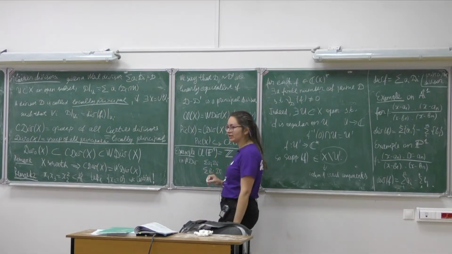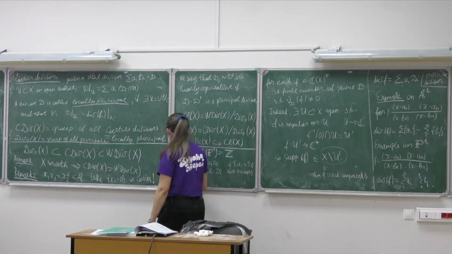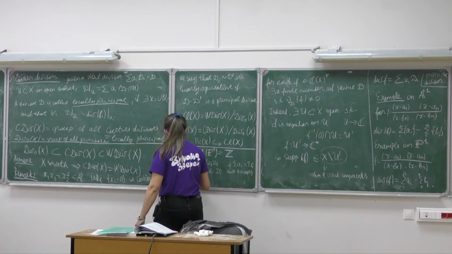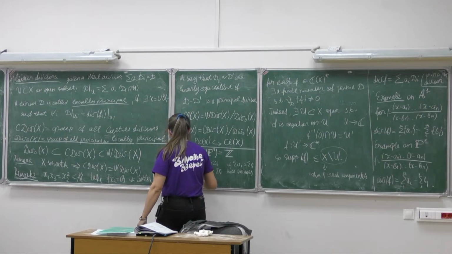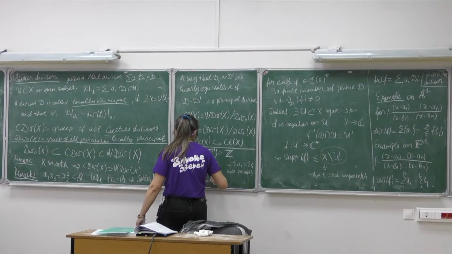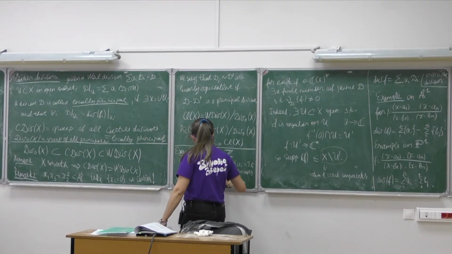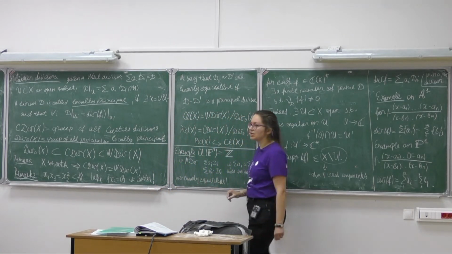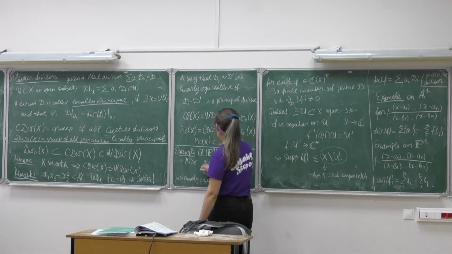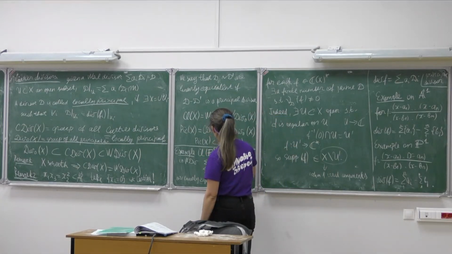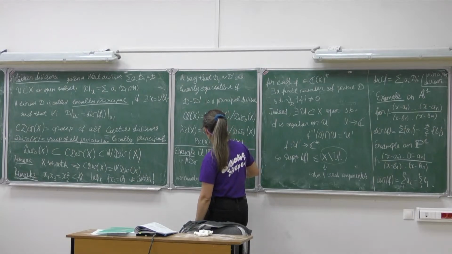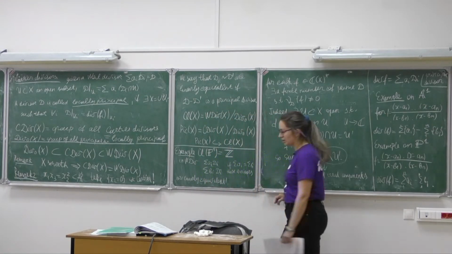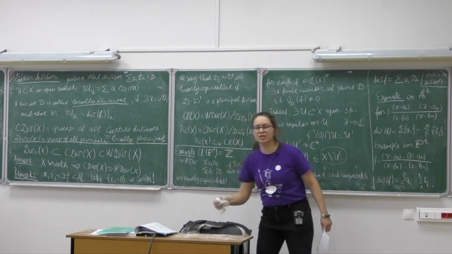If the sum of a_i equals the sum of b_i, these divisors are linearly equivalent, because I can write a function. I just take a function having these points, some points in the numerator and some points in the denominator.